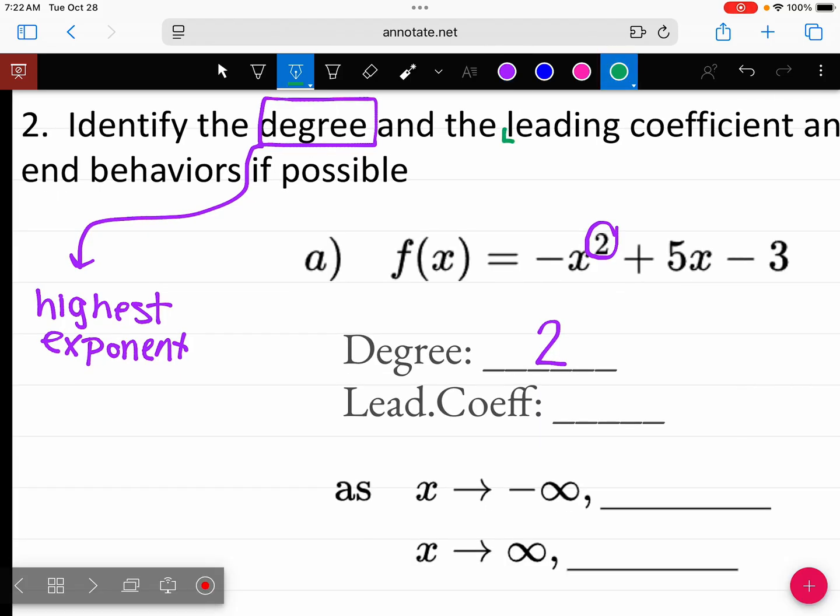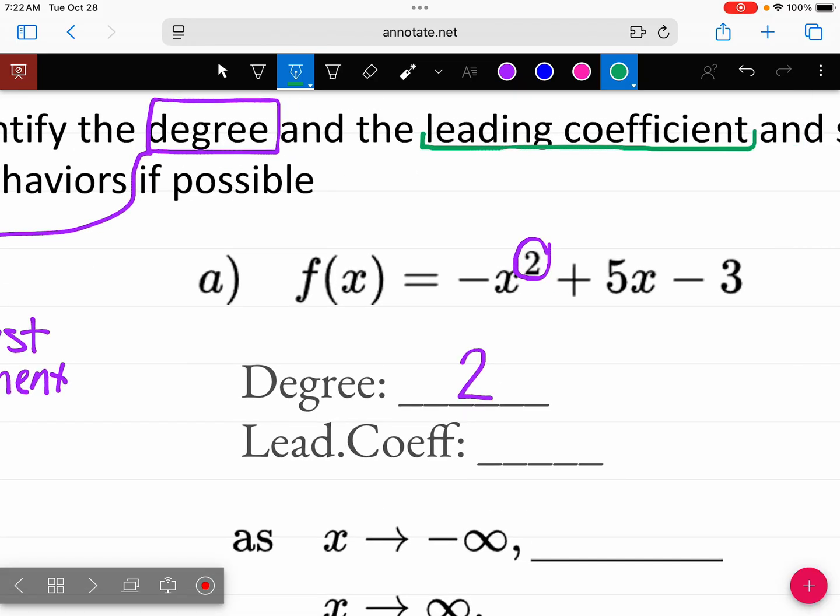The second thing we are asked here is what is our leading coefficient?